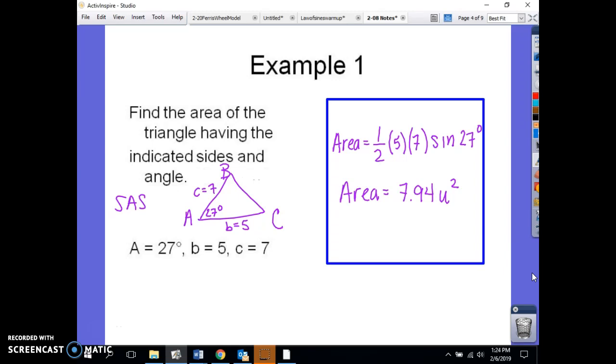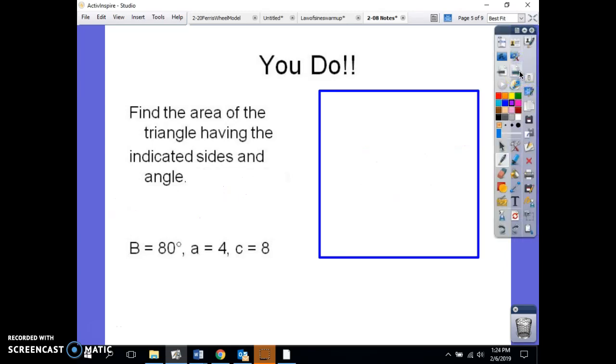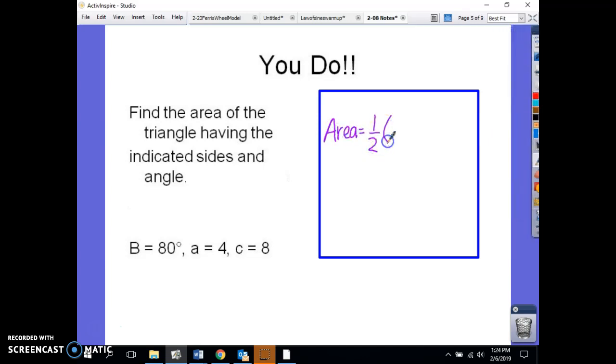So I'm going to do one more just to be sure we know what we're doing. So in this one, this is also a side angle side triangle. So if I'm looking for my area, I'm going to do 1/2, and then going by my rules, times the first side, which is 4, times the second side, which is 8, and then times the sine of your given angle, which is 80 degrees.